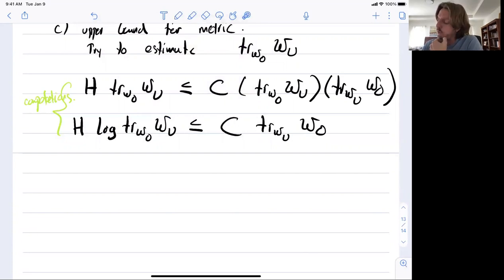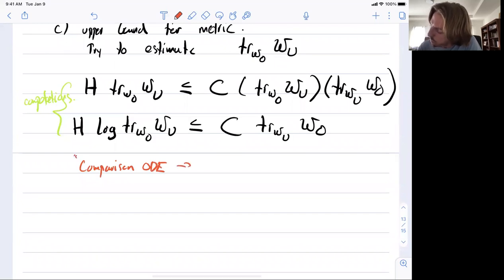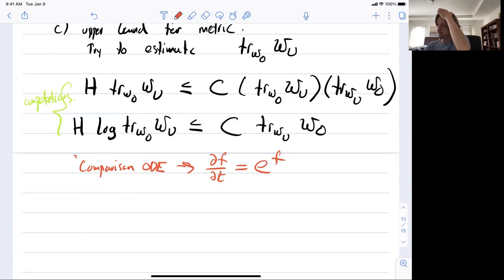Somehow, from a very naive standpoint, the correct comparison ODE would be like df dt is like e to the f, right? Or sorry, it's not quite like this.